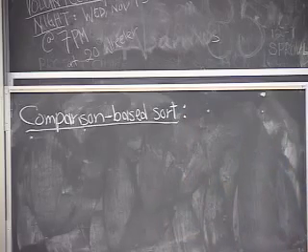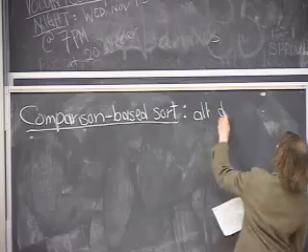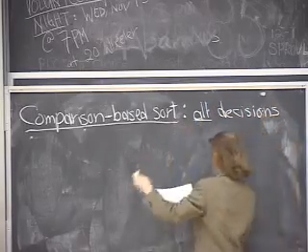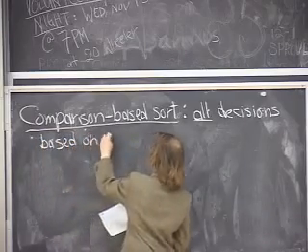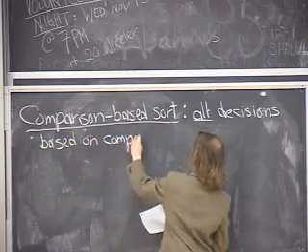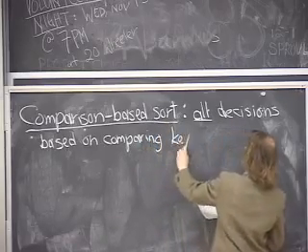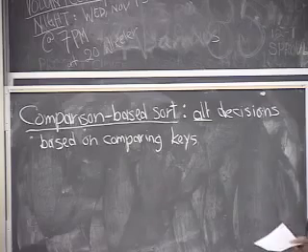A comparison-based sort is a sort in which all decisions are based on comparing keys, which is typically done with if statements.